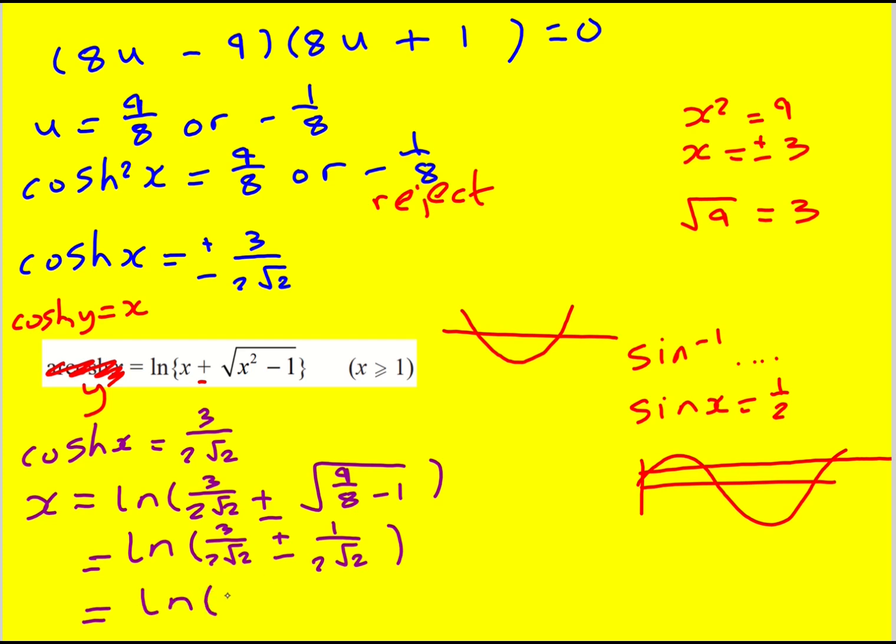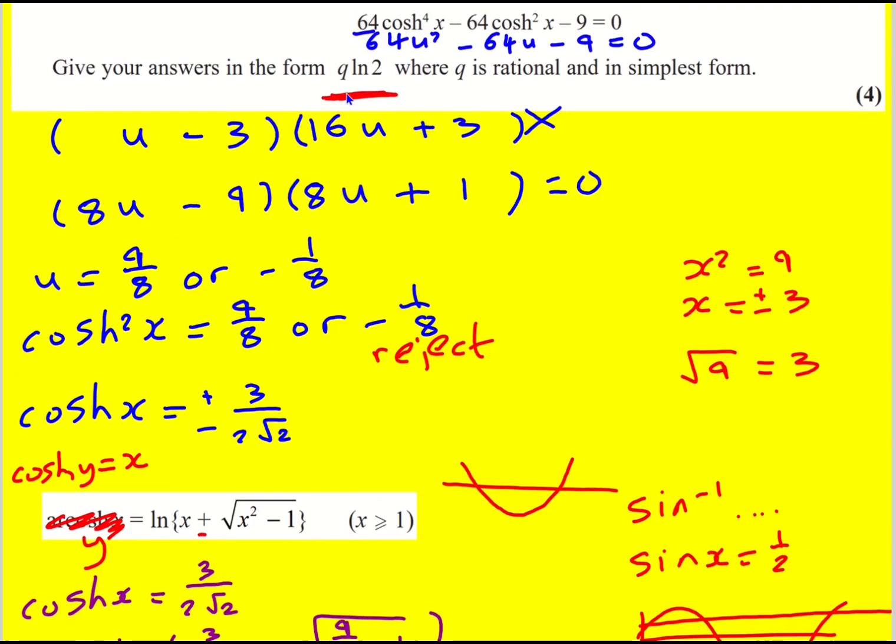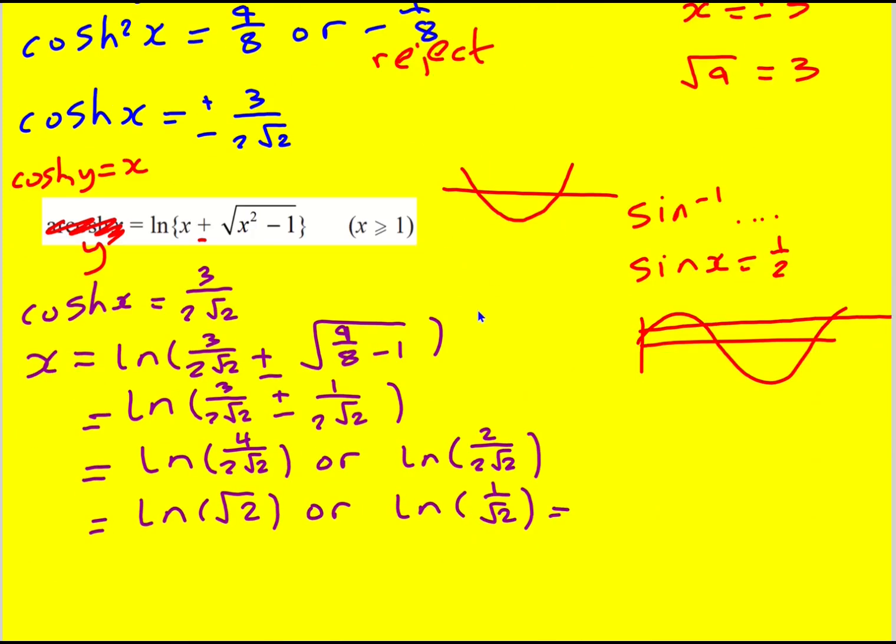So then I'm going to get ln 4 over 2 root 2 or ln 2 over 2 root 2. And I put the minus in. And this gives me ln root 2 or ln 1 over root 2, which is actually the same, because how have they asked us to leave it? In terms of ln 2.